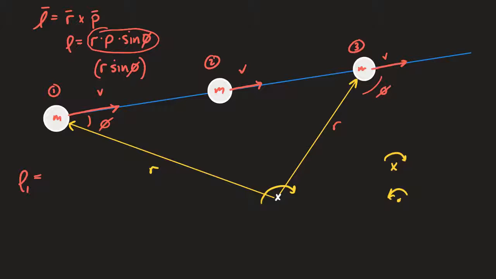Now leave that in the back of your mind for a minute. Let's get rid of all of that, and let's focus on position 2 instead. If I focus on position 2, suddenly that is my R. This is my phi.